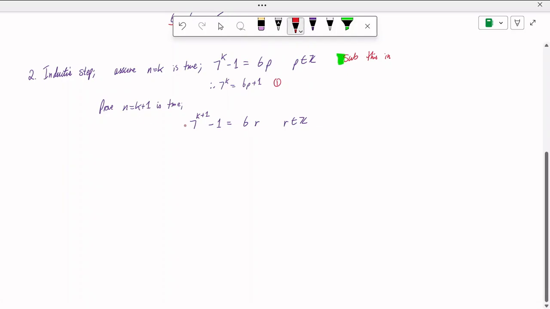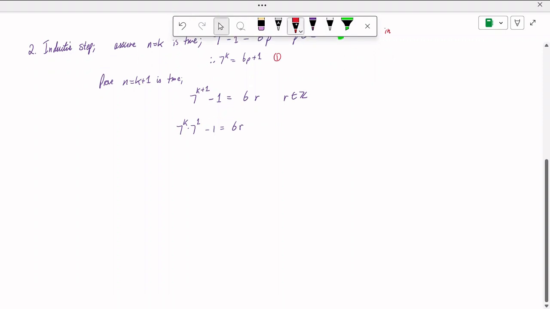When I look at my proof here now, I'm going to look for an opportunity to sub in 7^k. So to do that, I'm going to need to do some rearranging. 7 to the power of k plus 1 is exactly the same as 7 to the power of k times 7 to the power of 1. And straight away I can see where I'm going to substitute in.